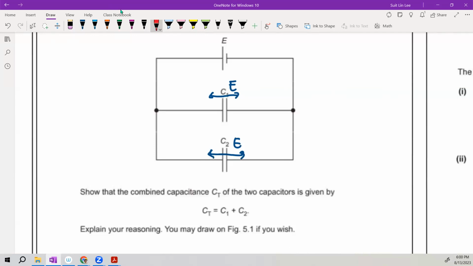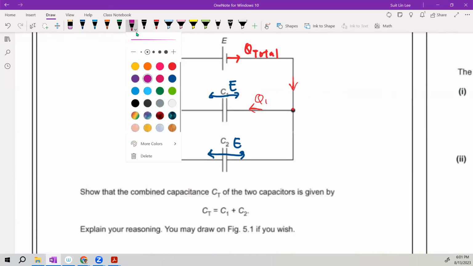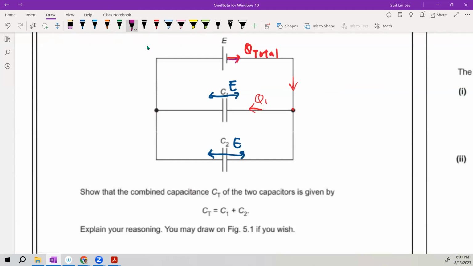A certain amount of charge will be mobilized out from the negative terminal. Let's say this is Q total. Okay, we'll use thinner pen. So the charge will flow. You reach here. Junction decisions. Some of the charge will go here, Q1, and some of the charges will choose to go down here, Q2.